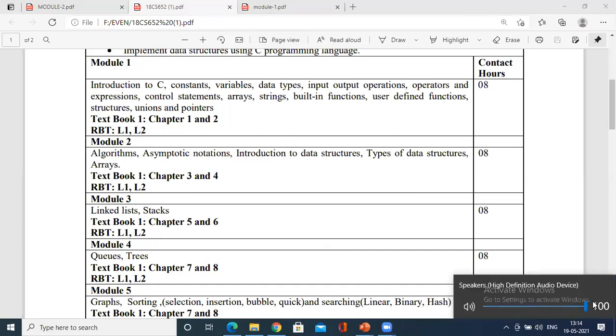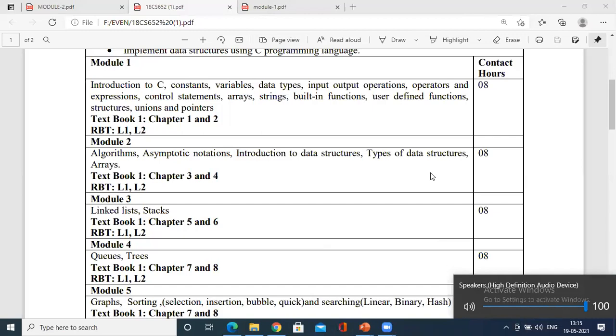Yes, anything to discuss? Okay, so on the 29th we'll have internals.